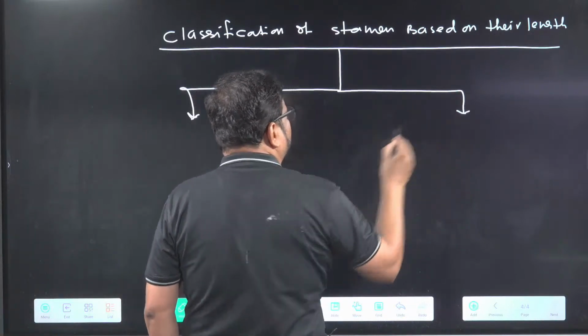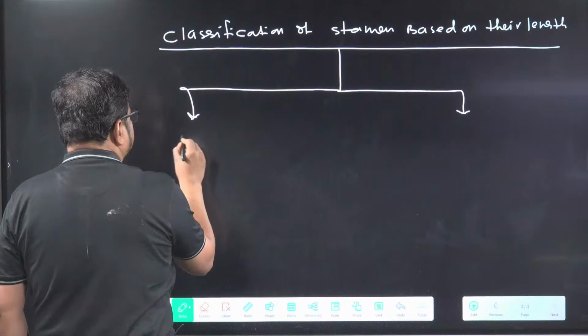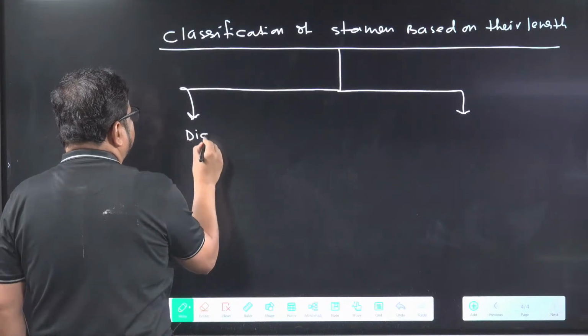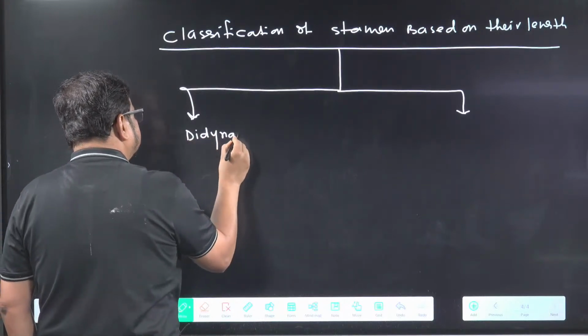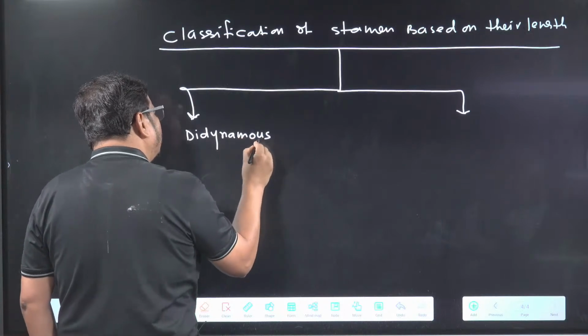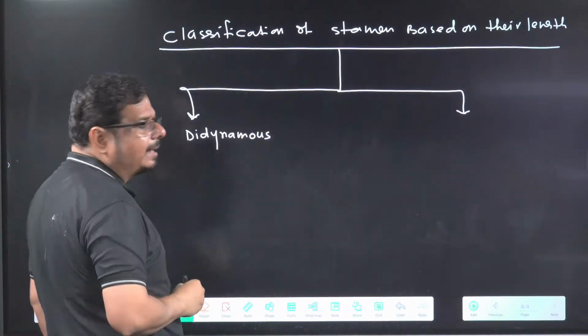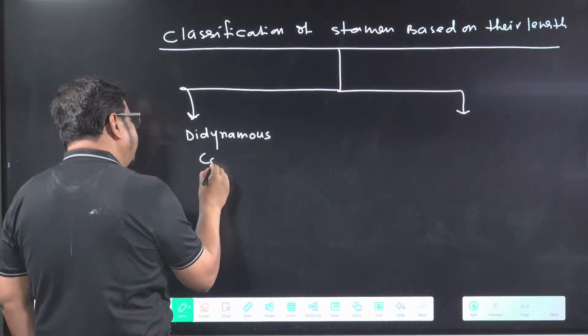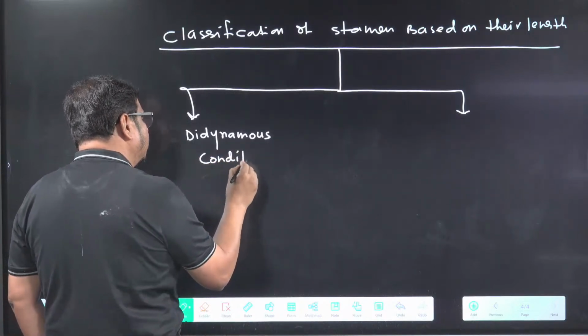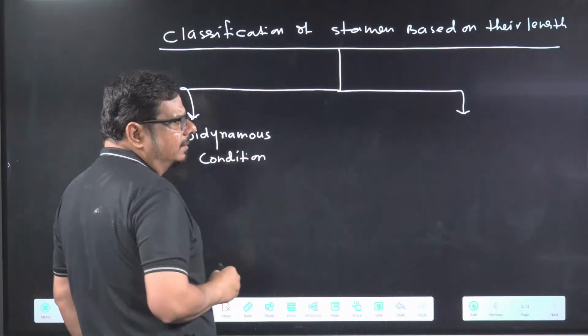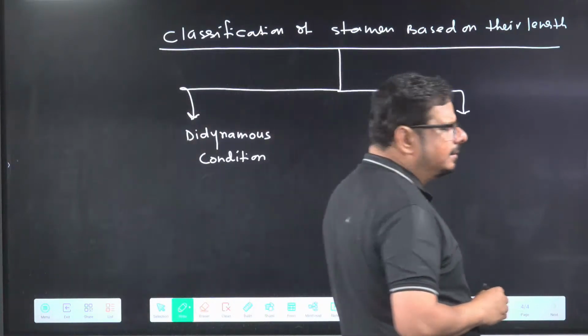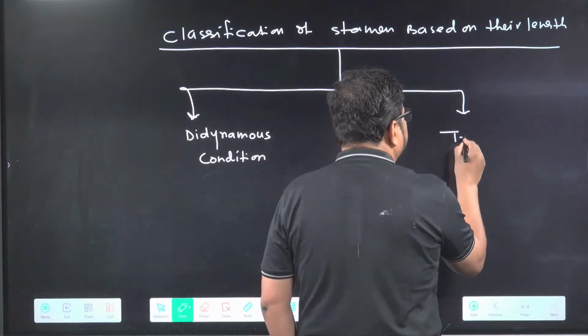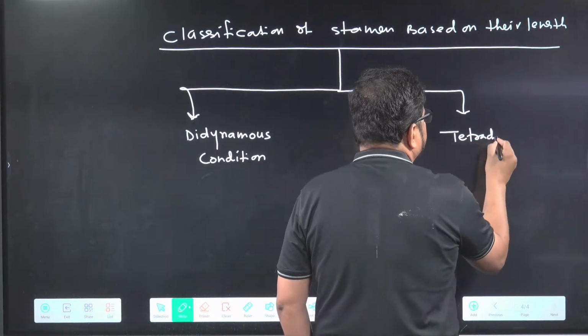It is of two types. One is didynamous condition. NCERT did not write the terminology, but gave the example. What you must know is important. Didynamous condition, and another one is tetradynamous condition.